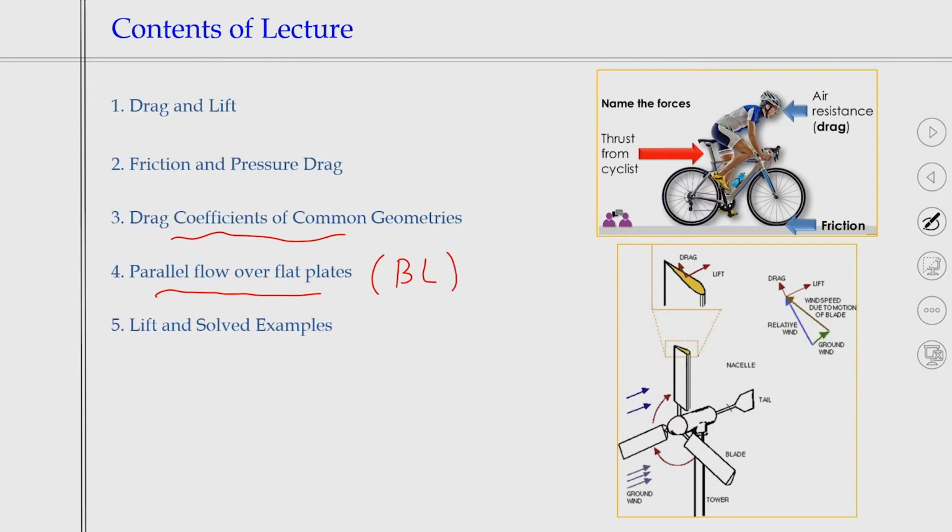Now, take a simple example. When you have a cyclist driving a bicycle, if you look at recent Olympics, you see these persons lean forward to reduce the drag forces as they go, basically minimizing the drag force.